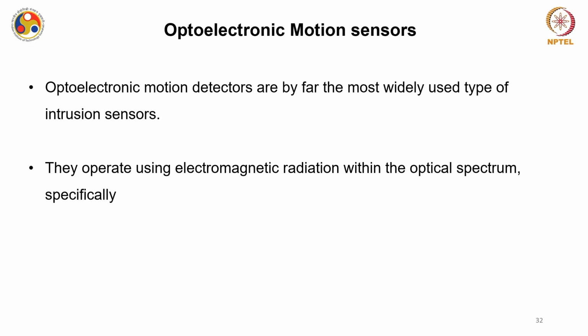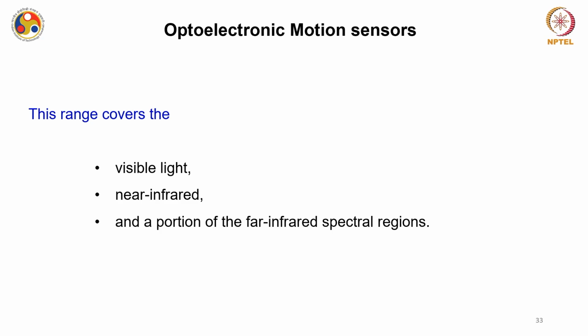They operate using electromagnetic radiation within the optical spectrum, specifically at a wavelength of around 0.4 to 20 microns. If you see, this is a very wide range, 0.4 micron or 400 nanometer to 20 micron. This is a huge range which covers visible light, near IR and a portion of the far IR spectral regions.